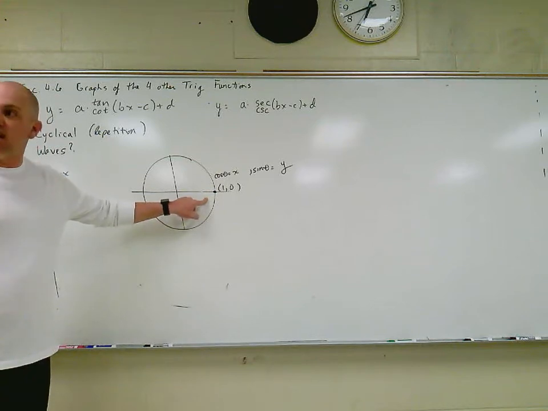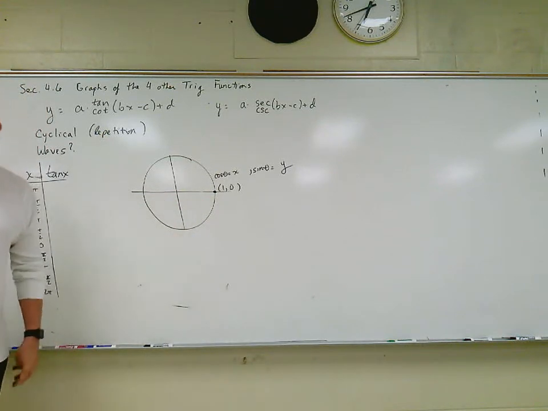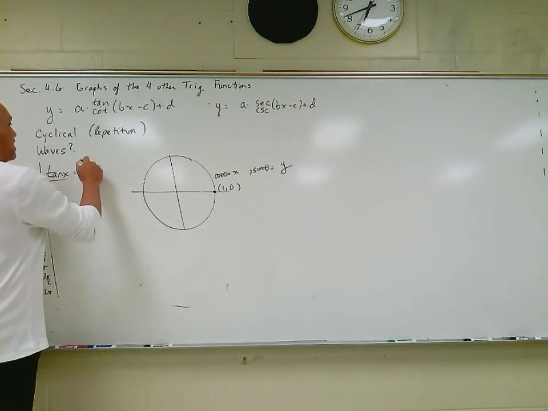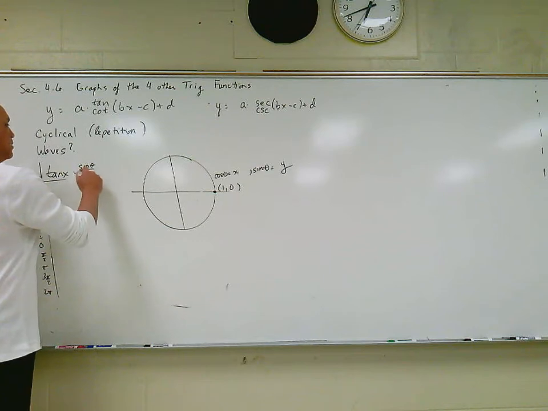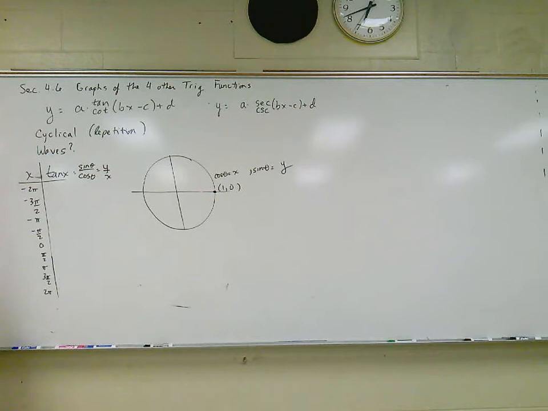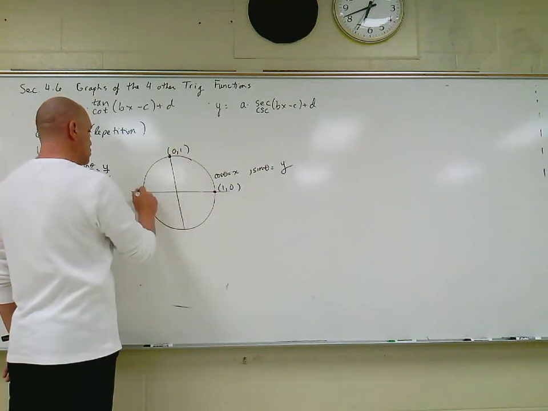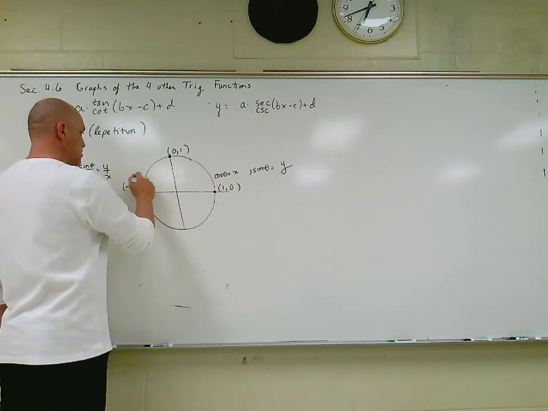So if I want tangent, how am I going to get tangent? Y over x, because remember it's sine over cosine. So since it's sine over cosine, we're going to do y over x. So if you do y over x, that will give you tangent. Okay, so use your points here. I'll label the points. You should know the angles that go with each one of these points.